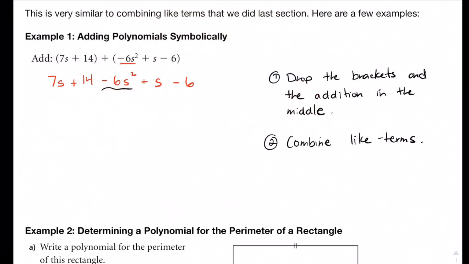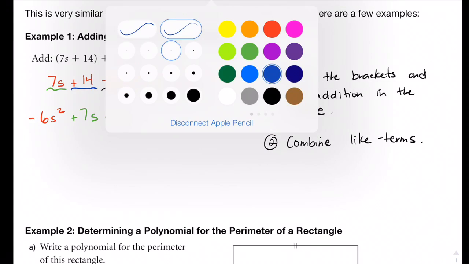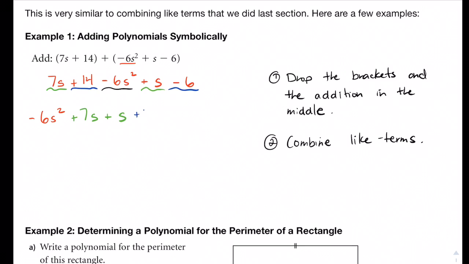My s squareds are right there, so I put them first. Remember, squareds always come first. Then I look for my s's, the ones that only have s's, plus 7s plus s. Then I look for just my numbers right here, which I'm underlining in blue, which is plus 14 minus 6.